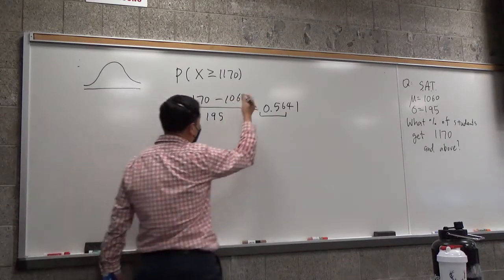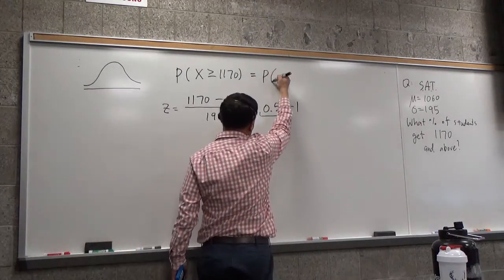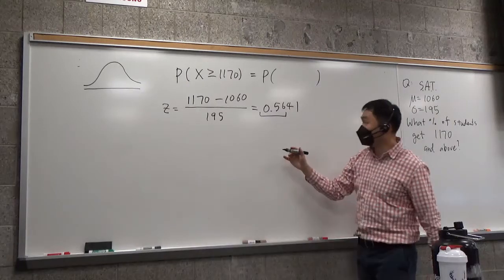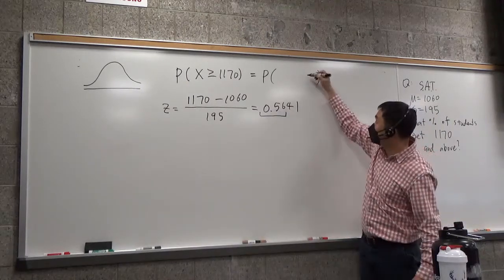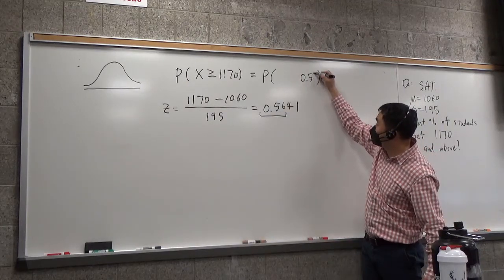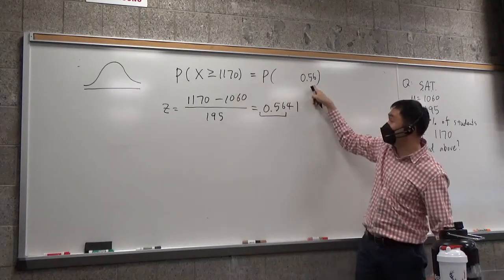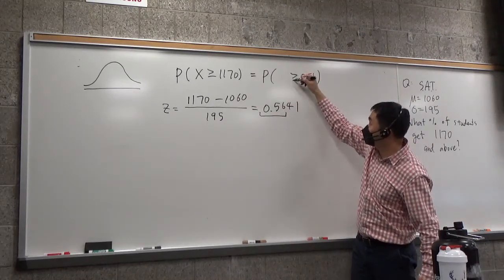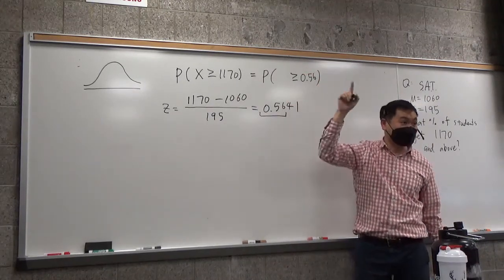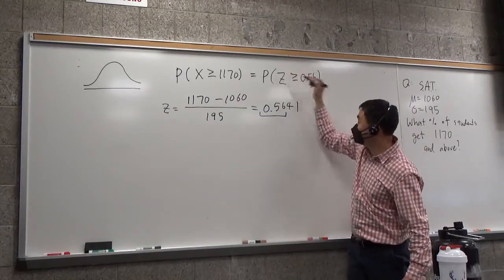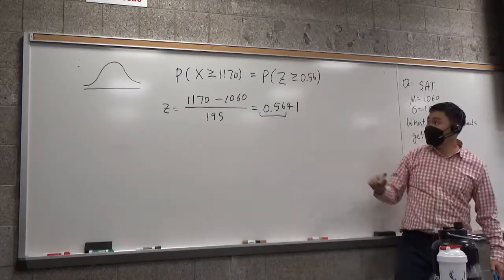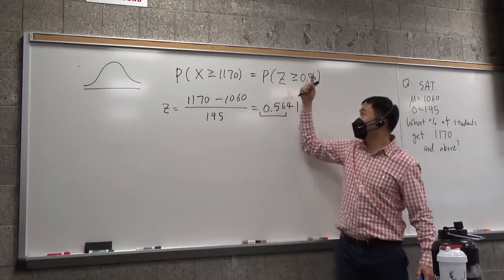And therefore, this translates into P. So what we do is first take the z-score, replace the value that you see. So this value is now changed to that. The inequality stays exactly the same, and x gets replaced by z. So this percentage is the same as this percentage.